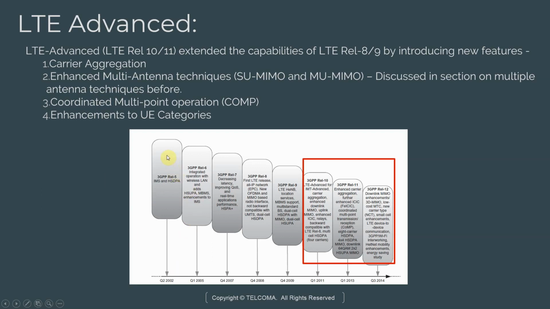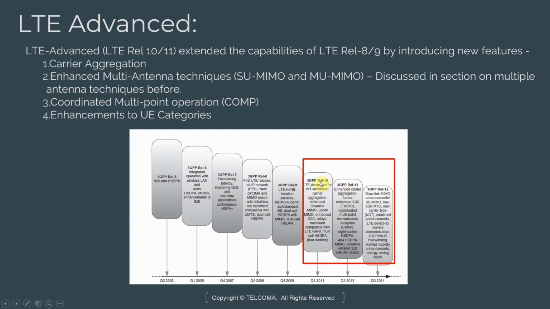So before we delve into the different enhancements, let's look at this chart. This may look familiar from one of the previous lectures. As we know, LTE was released in release 8, which was the first official LTE release, and then came release 9 about a year later. 3GPP was continuing to work and evolve LTE to meet the ever growing demands of data and fast throughputs.